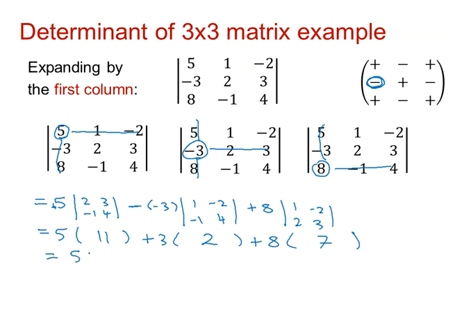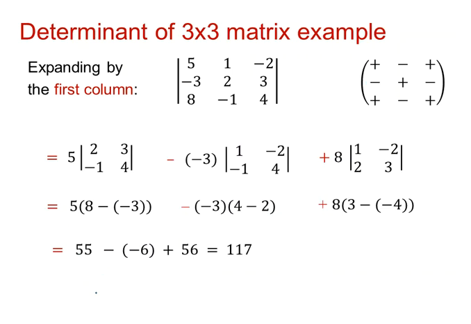So we've got 55 plus 6 plus 56, which is 117, the determinant of that 3x3 matrix. And we can see the full method there. You can also see that you don't need those 3 extra diagrams. They were just there as a visual aid to help us to see the method.